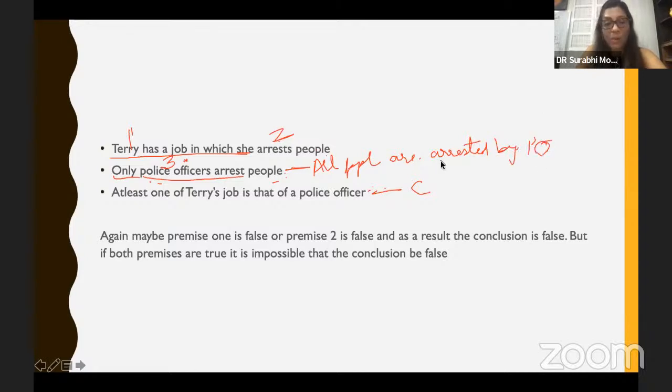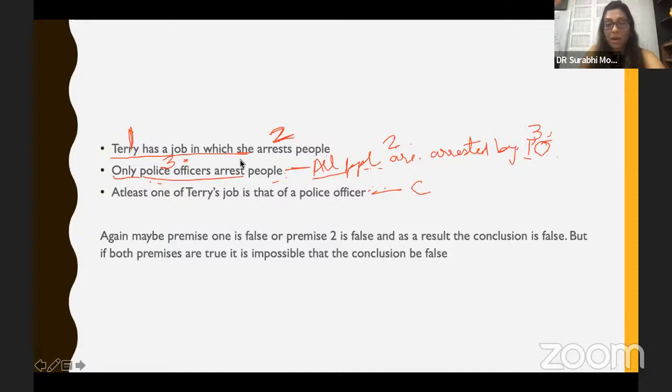So what is the middle term here? We have Terry as term 1, arrest people as term 2, right? And arrest people, term 2, has been repeated here. And police officer, which is term 3, right?